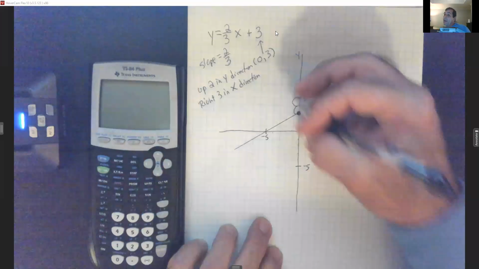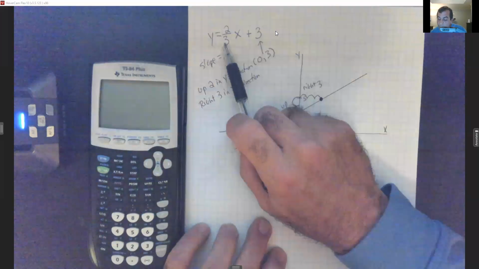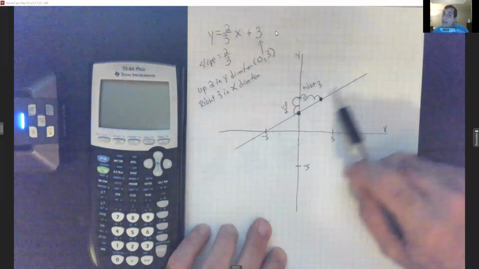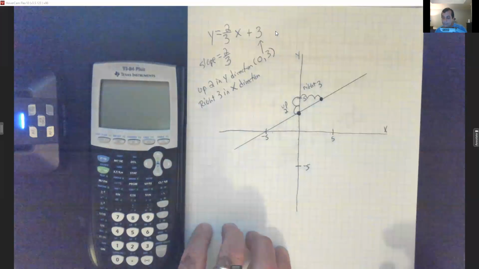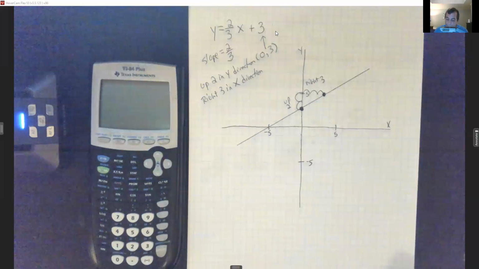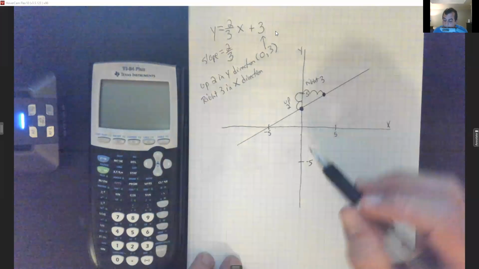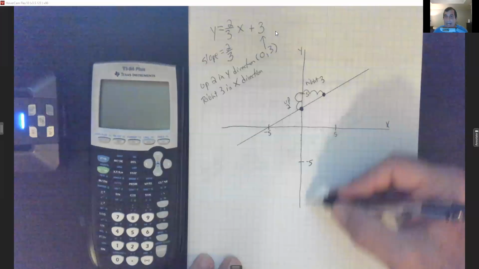Now remember what I said: if that slope is positive, the line is going to go uphill from left to right. But notice, 3, which was my y-intercept, is always where the line crosses the y-axis.